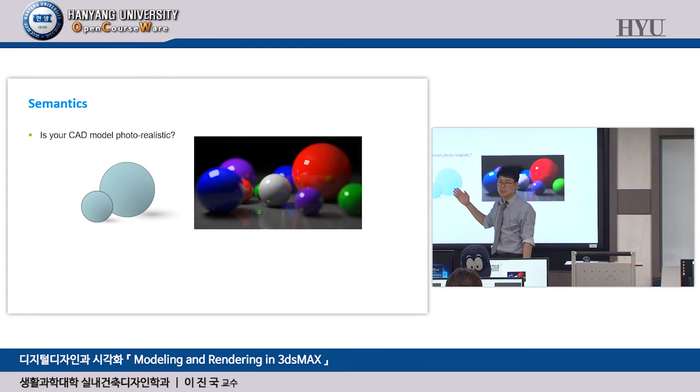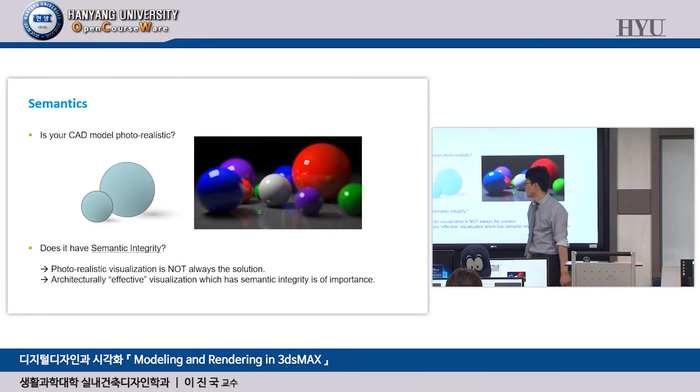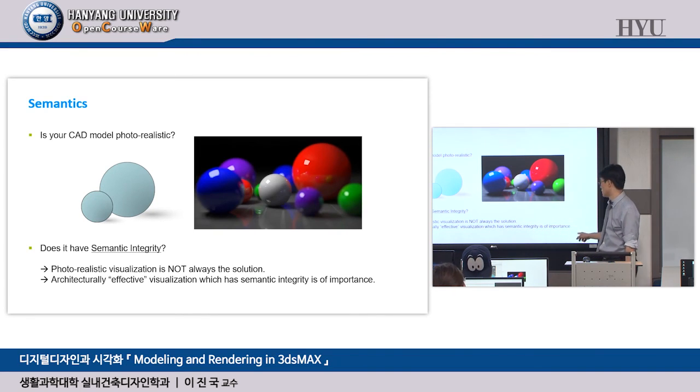This one has semantic integrity, okay? So photorealistic visualization is not always the solution. Architecturally effective visualization, which has semantic integrity, is of importance. That's the thing I like to emphasize, okay?